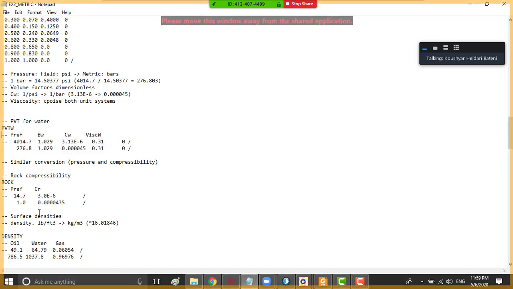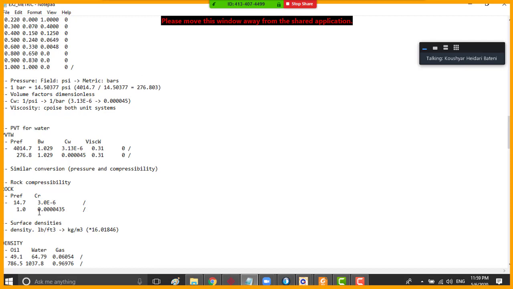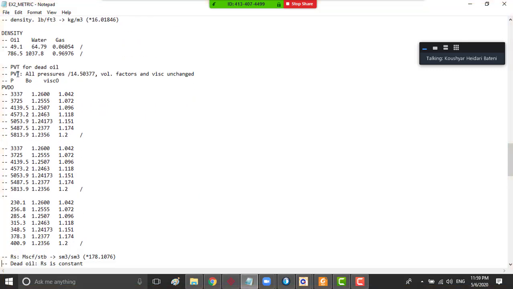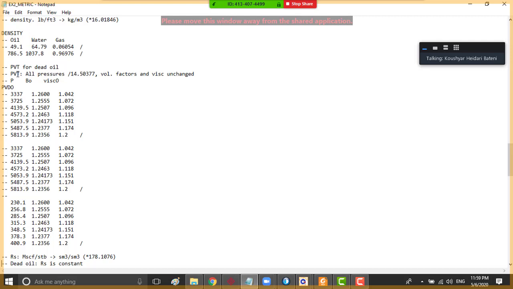If you don't include this slash at the end of each keyword, what's going to happen when you do the simulation? The compiler is going to tell you that there are problems in your code and your simulation is not going to be done correctly. And that is especially a problem when you have very big simulations to do. Okay?